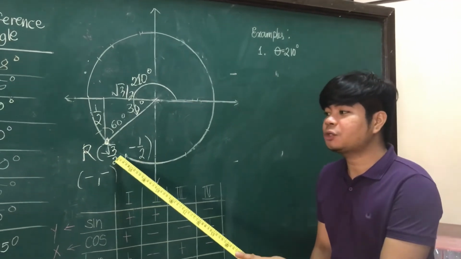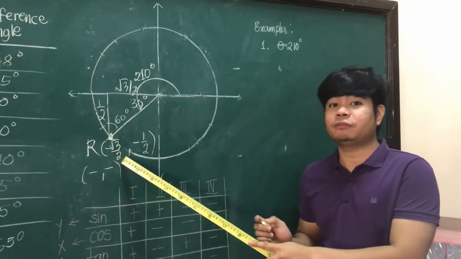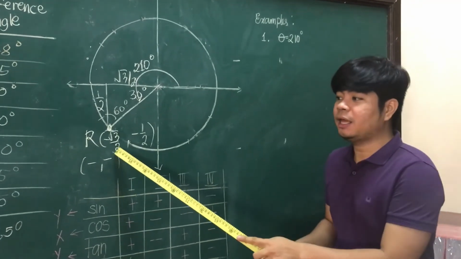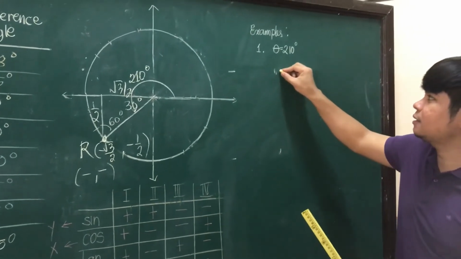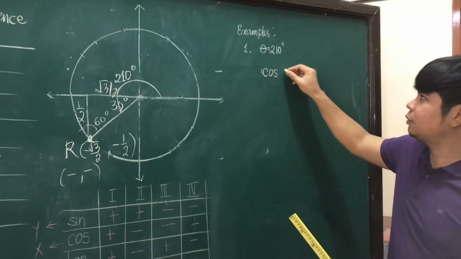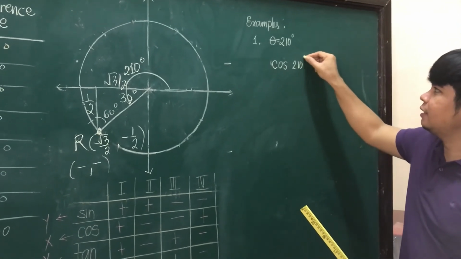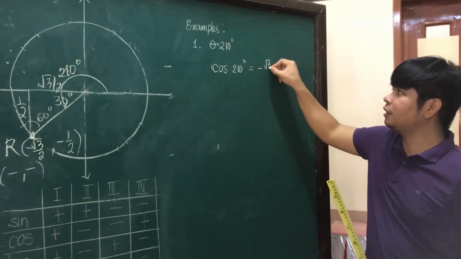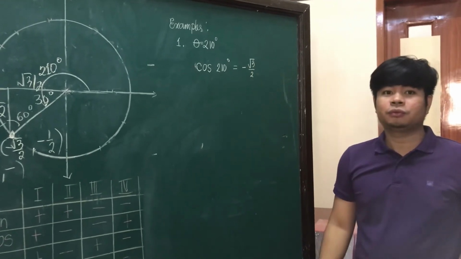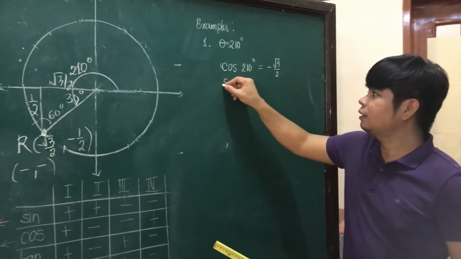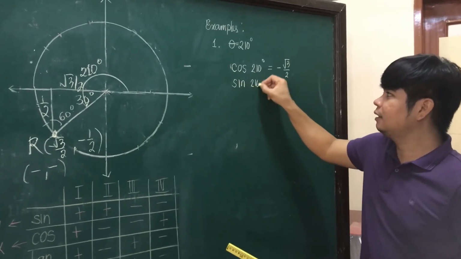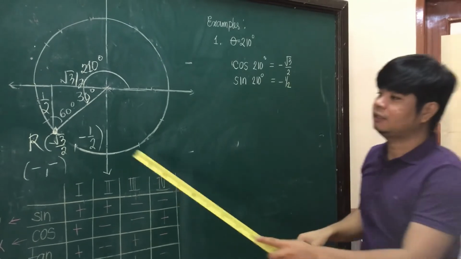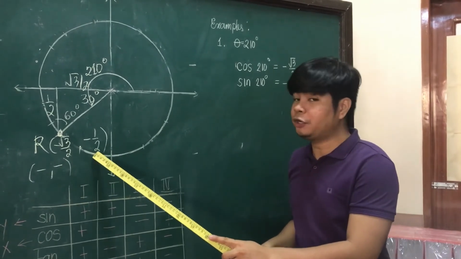Remember, the x coordinate represents cosine. So we have cosine 210 degrees is equal to negative square root of 3/2. And sine 210 degrees is equal to negative 1/2, when we refer to the coordinates.